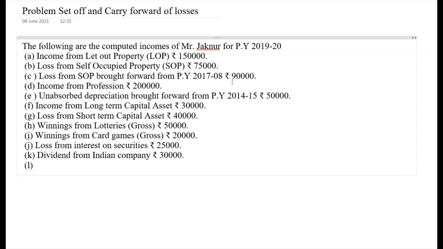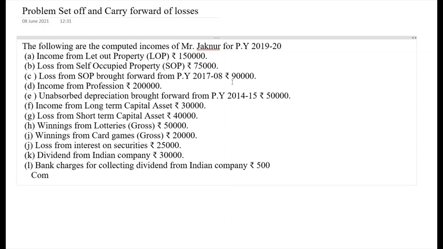Next, L, bank charges for collecting dividend from Indian company, rupees 500. Compute his gross total income for the assessment year 2020-21. So now let us look into this problem here.